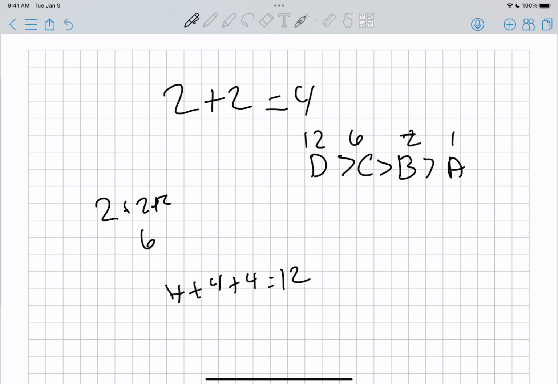Adding capacitors up in parallel, you just add them up normally, like C1 plus C2 plus C3. But if you add them up in series, like in A and B, then you add up the reciprocals. So it's 1 over 2 plus 1 over 2 plus 1 over 2 instead of 2 plus 2 plus 2. So you can immediately identify that C and D have to be greater than A and B.